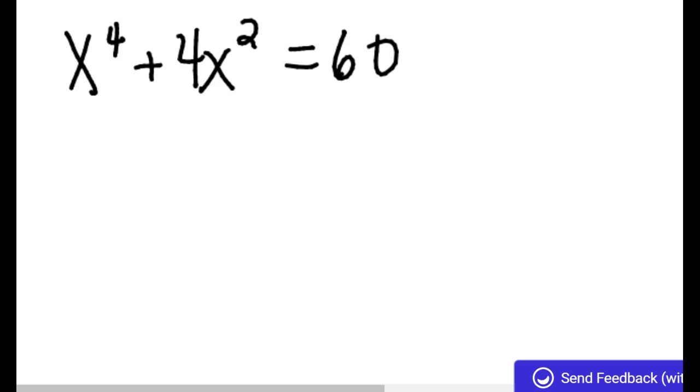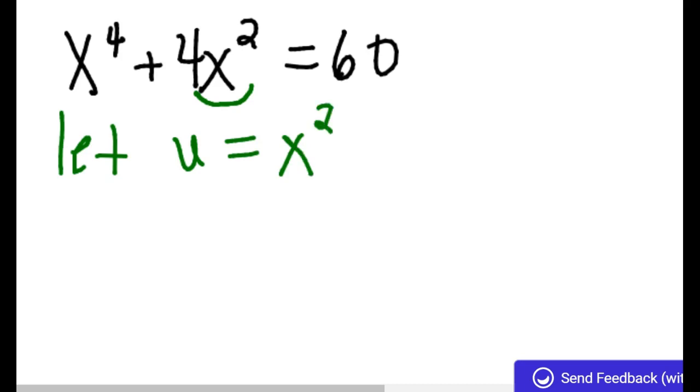As we discussed in class, an easy way to figure out what you want to let your u substitution equal is to look at the second term. It's an x squared, so we are going to let u equal x squared.